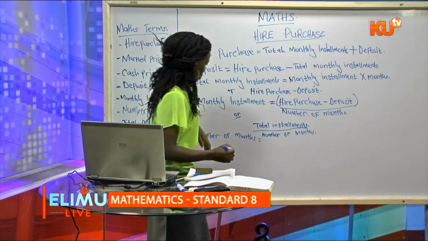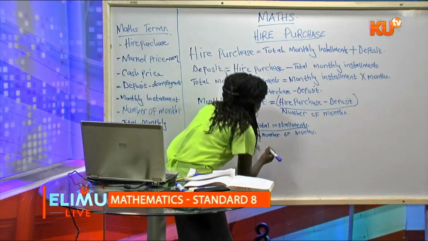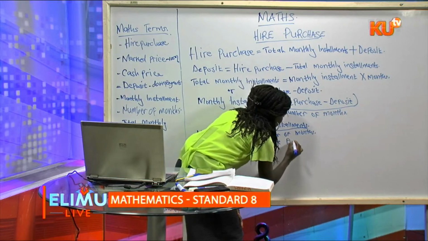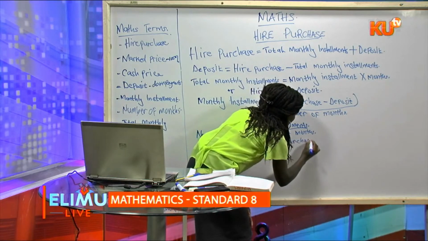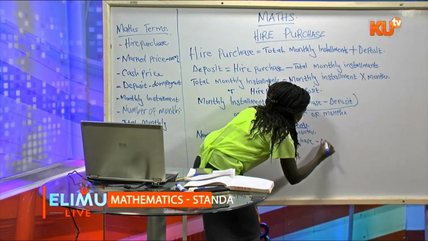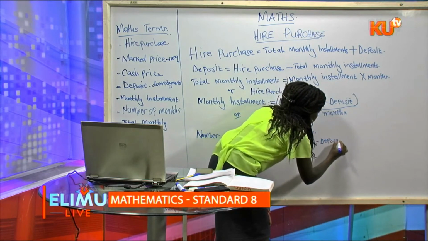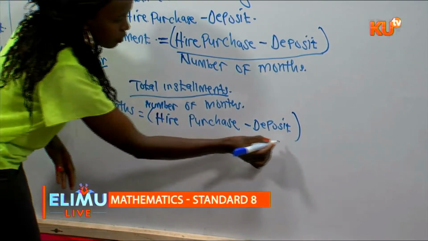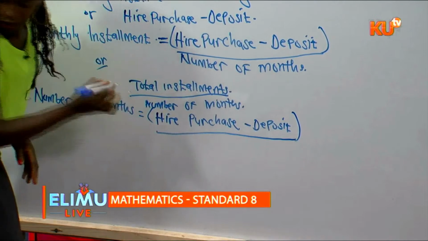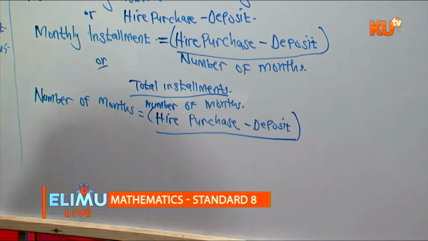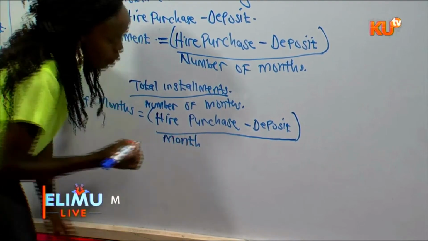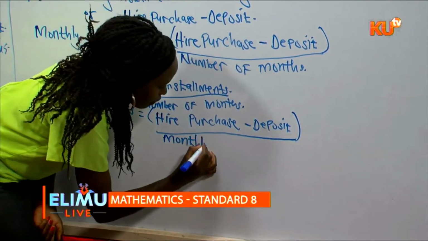We take the hire purchase minus the deposit, then we divide the answer by the monthly installment, the amount of money paid per month.